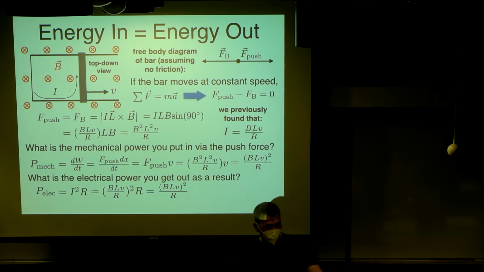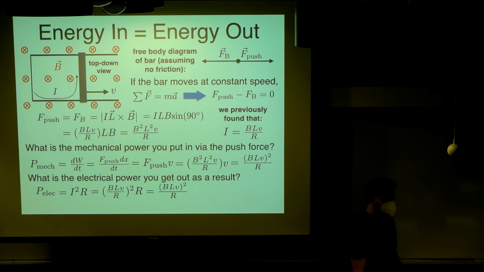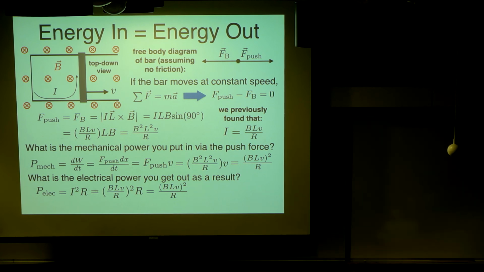What does it say? The energy you put in performing mechanical work equals the energy you get out in terms of the electricity generated in perfect conditions, which don't exist in the real world, like friction not being present. So in perfect circumstances, you put in exactly what you get out.